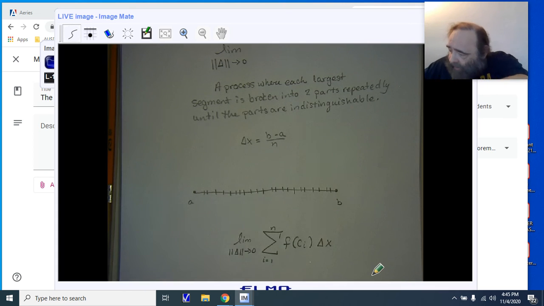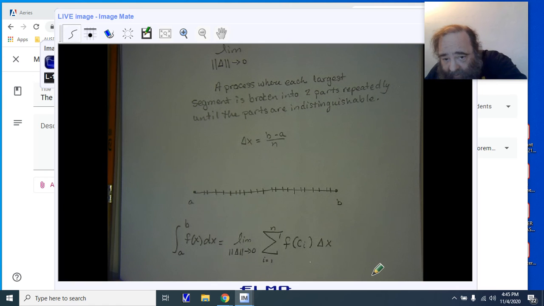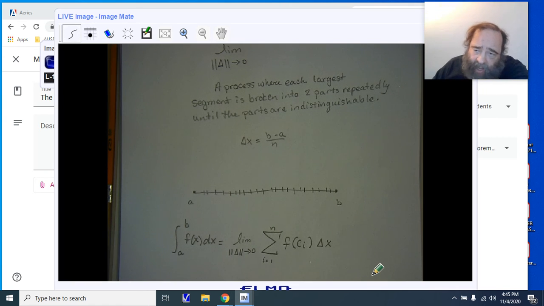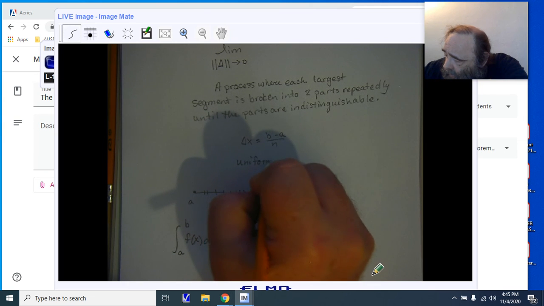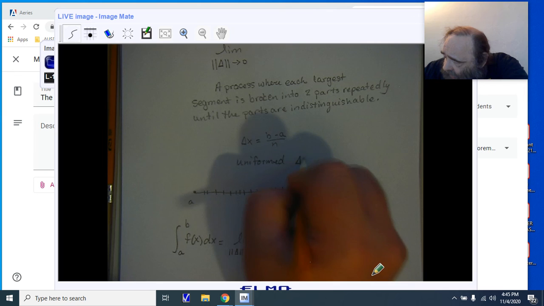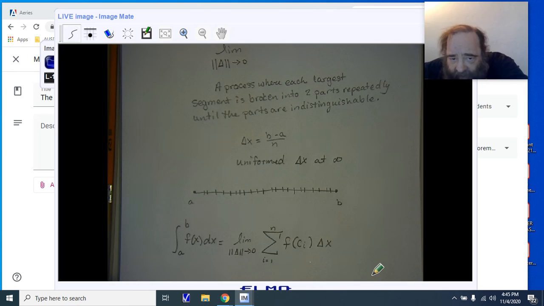And this is now what we refer to as our integration from a to b of f of x dx. So please be aware we're talking about the norms as we start moving into the future, where we have a uniformed delta x at infinity, where we have an infinite number of n values.